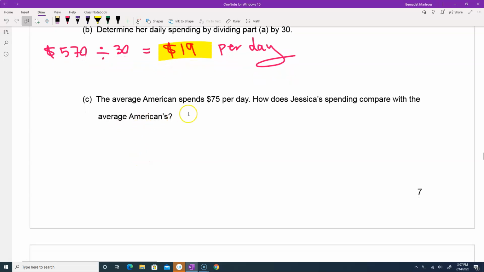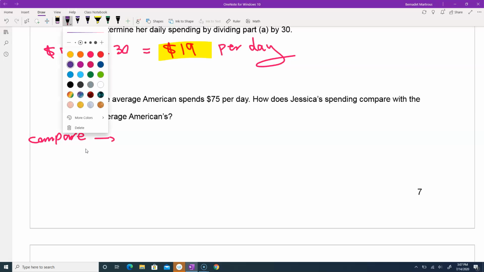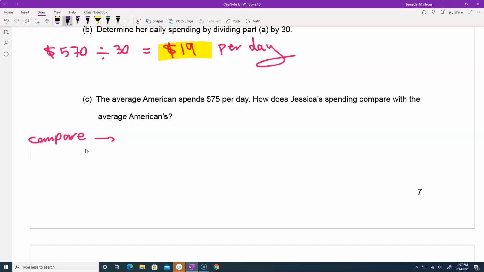Now, part C, the average American spends $75 per day. How does Jessica's spending compare with the average American's? So comparing. We have $75 average, but for her we have $19. That is equal to $56, meaning that she's saving $56 daily compared to the American average.